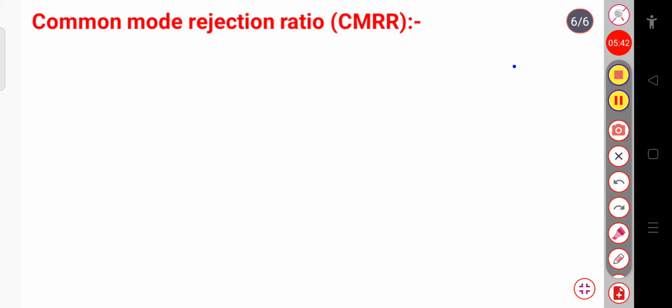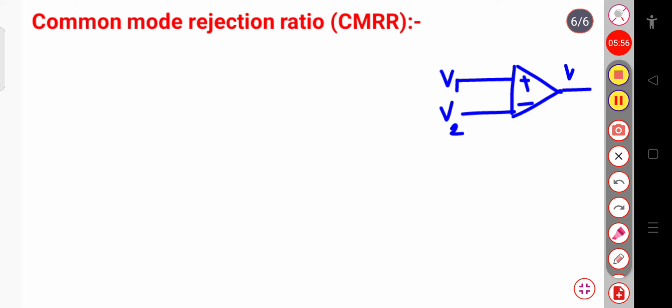Now let us consider this op-amp having the input terminals, this is suppose plus and this one is minus. So this is your V1 and this one is the input V2 and this is your output VO.